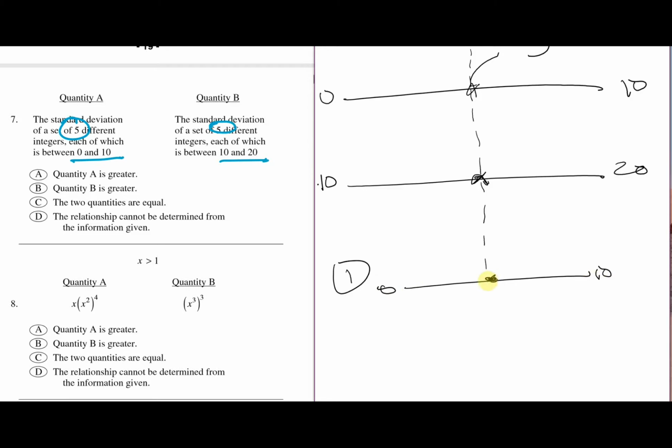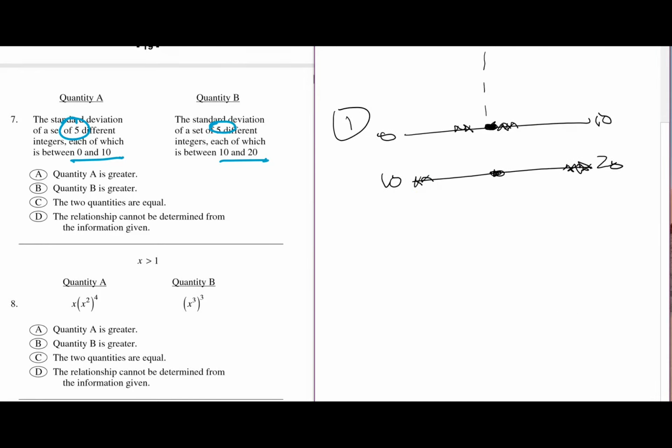Here's the mean. Let's just suppose they're clustered very close to the mean. Anytime the numbers are clustered close to the mean, the standard deviation is going to be small, because it's a small relative distance. Now, let's suppose in the second case they're clustered far from the mean, closer to the endpoints. So in this scenario, the standard deviation of A is less than the standard deviation of B.